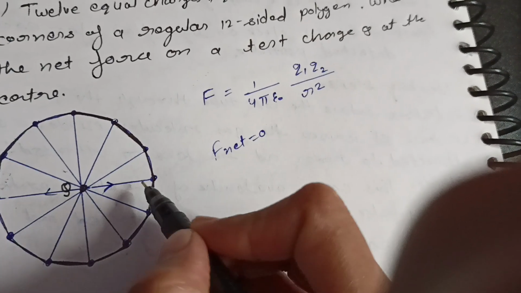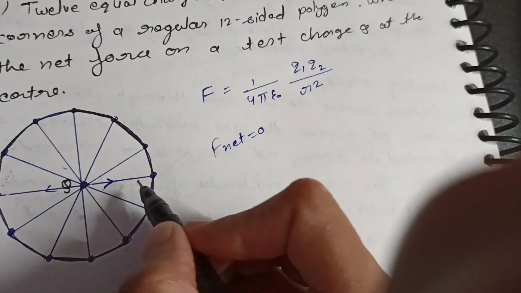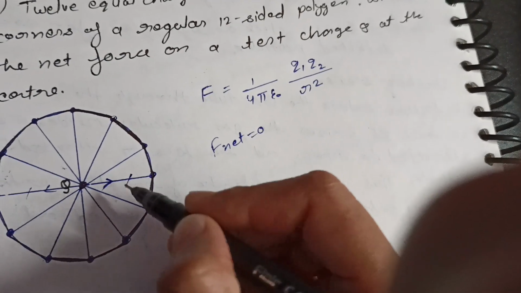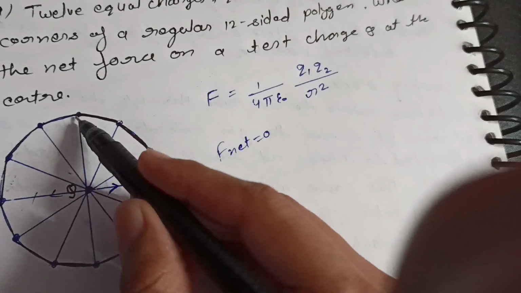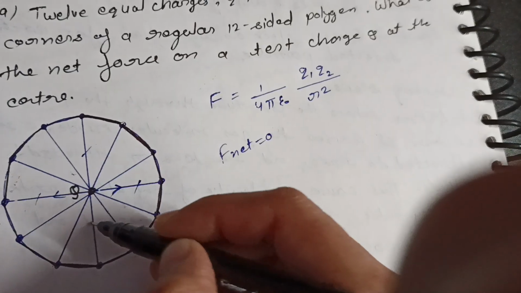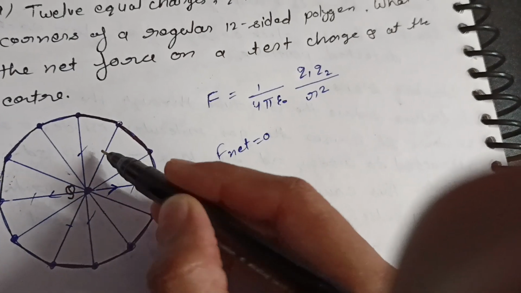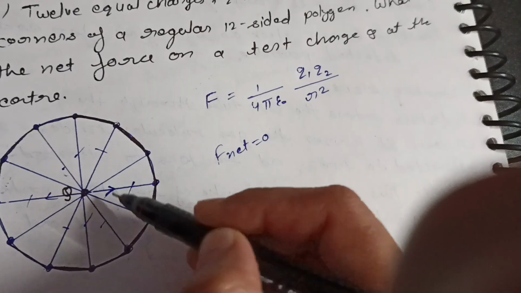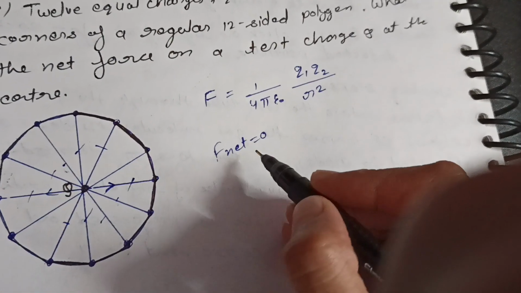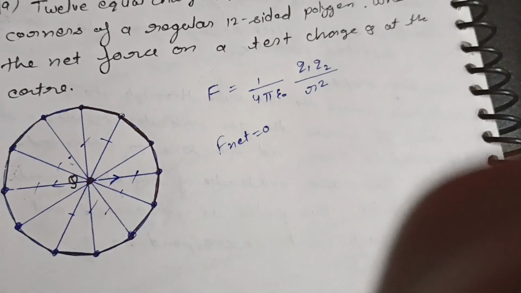Both forces are equal in magnitude and opposite in direction, so they cancel. Similarly, because of these charges, the net force will be cancelled, and this force will also be cancelled. Similarly, all forces cancel, and we get net force equal to 0.